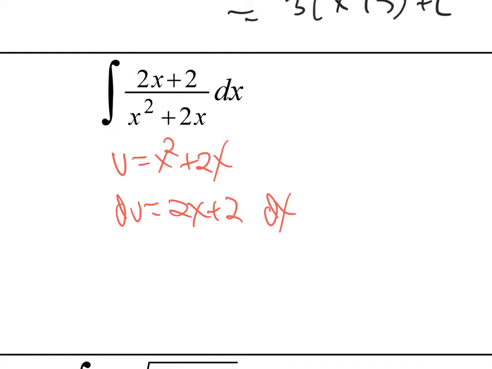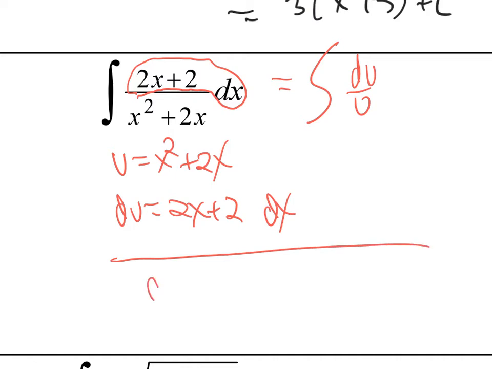And my heart does a backflip. Gets really excited. Because look what I see on top. Do you know what I'm looking at? I'm looking at a du over u. We love du over u. Where does a du over u come from?